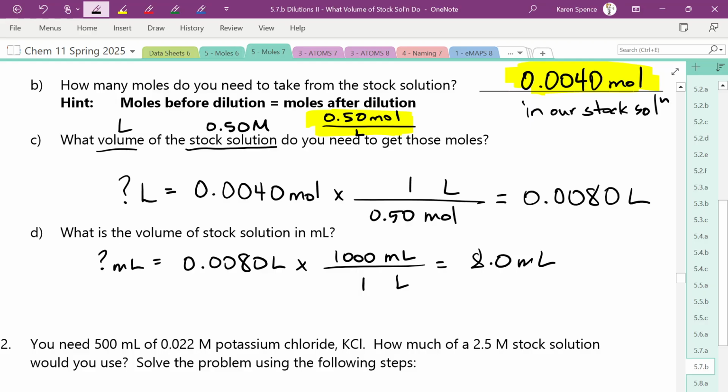Or if you just want to move your decimal, you can just say 0.0080 liters, and you could move your decimal place. Now this time you're going to move your decimal place 1, 2, 3 to the right.